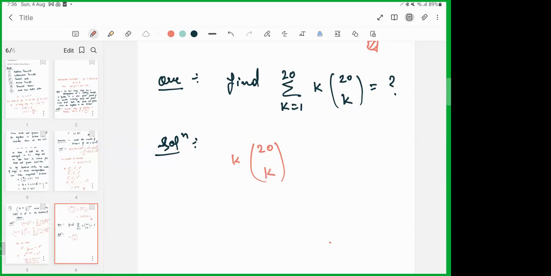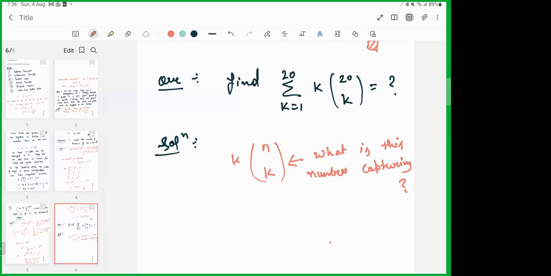Let's say n choose k. Now remove this term. What is this number saying? Can you tell me what this number is combinatorially? What is this number capturing?